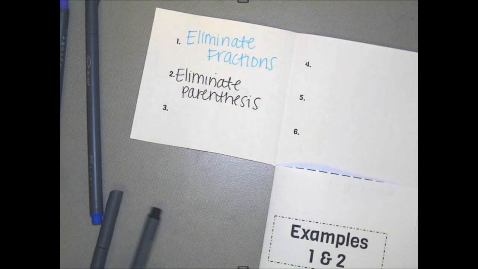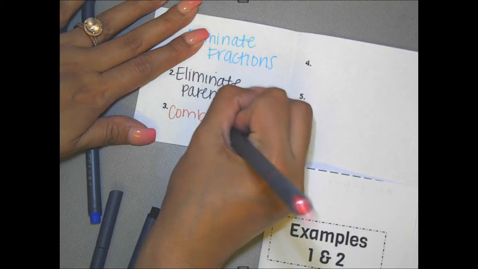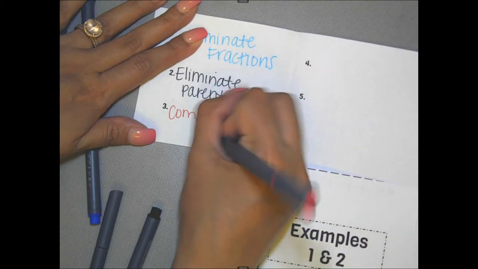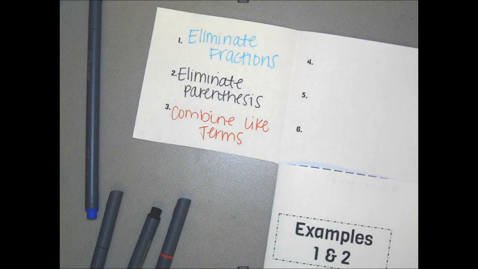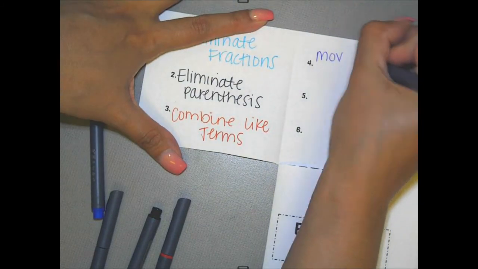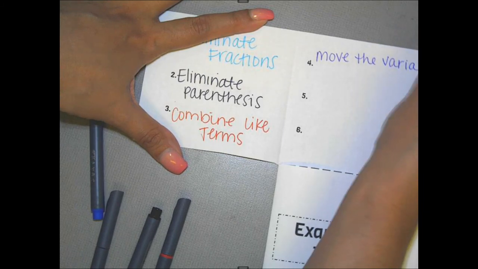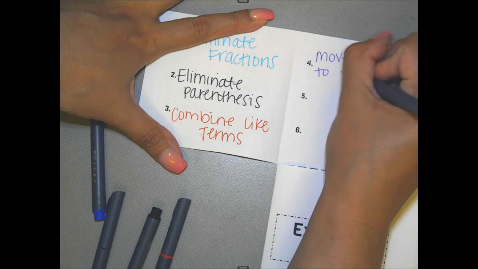And then our third step is going to be to combine like terms. Step number 4 is to move the variables to one side, or to the same side.